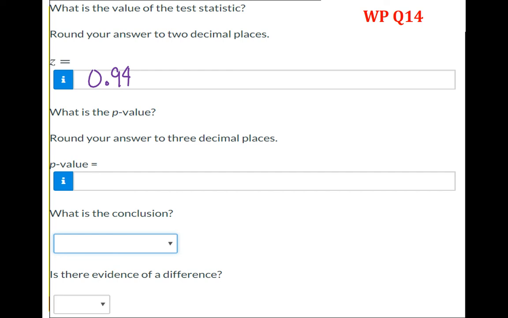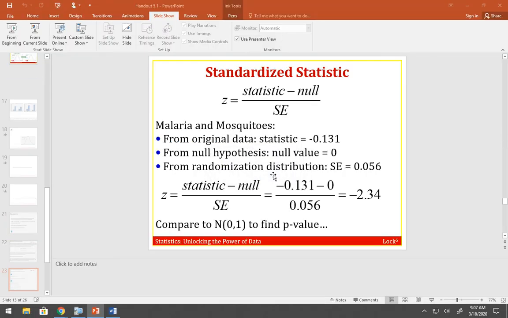And remember, I'm looking for the tail which is greater. I got that from the original value. So I need to calculate my 0.94 statistic and beyond. So use your normal CDF function. Give me 1 second to reboot my calculator.